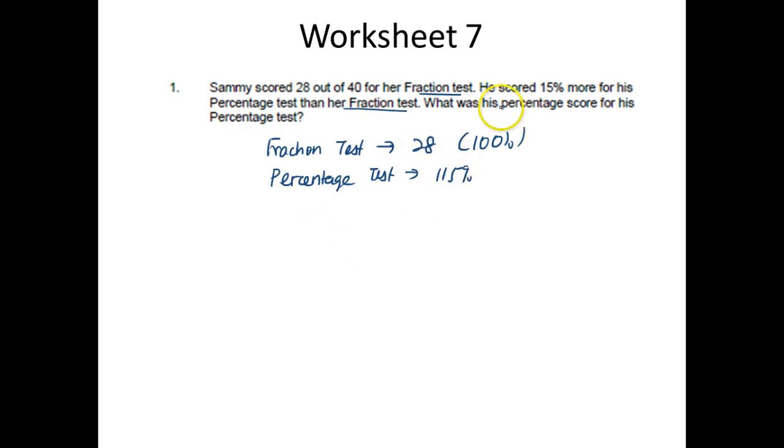So now I want to find what was her percentage score for her percentage test. So now I will take the percentage score for her percentage test would be, so this is my 100%.